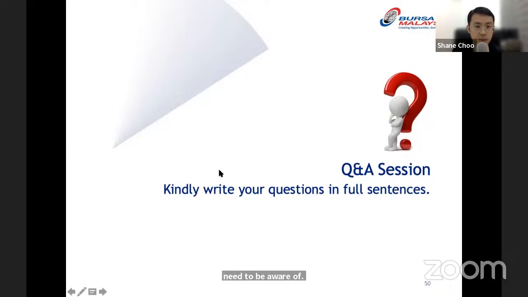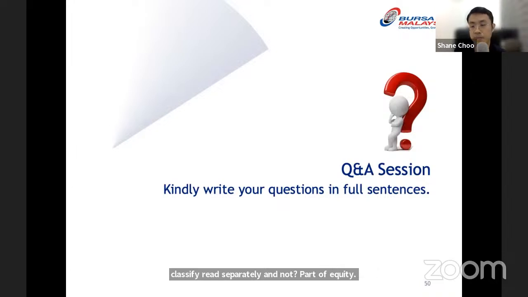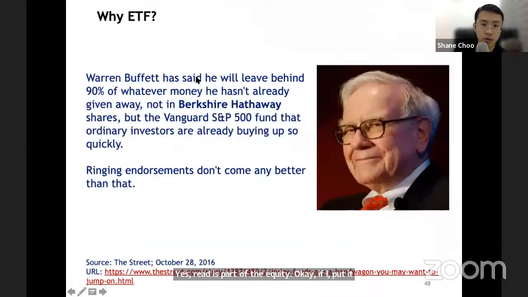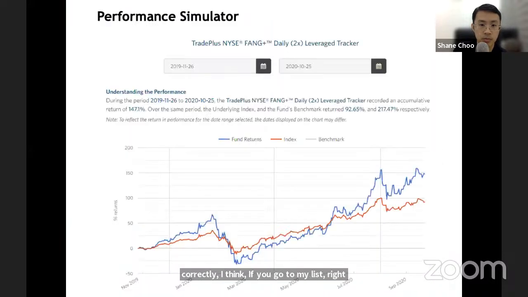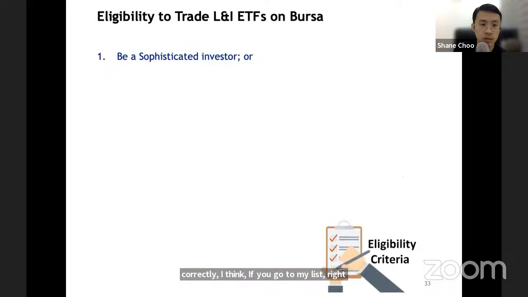The next question asked by Maslan Yusuf: why did you classify REIT separately and not part of equity? Yes, REIT is part of equity. If I put it correctly, I think it's part of equity. If you go to my list, it is under equity.